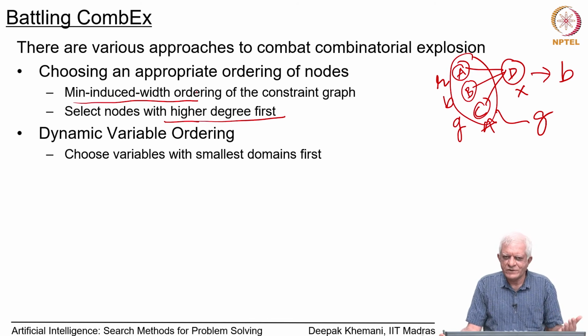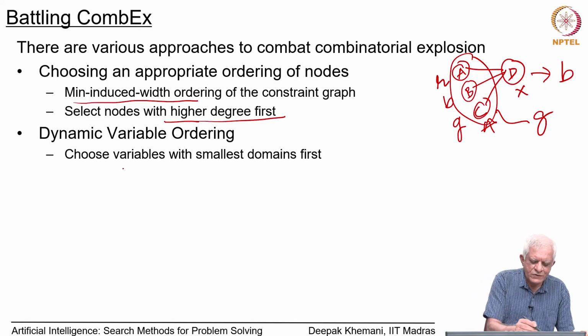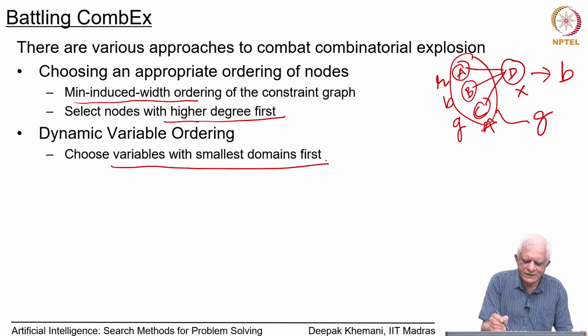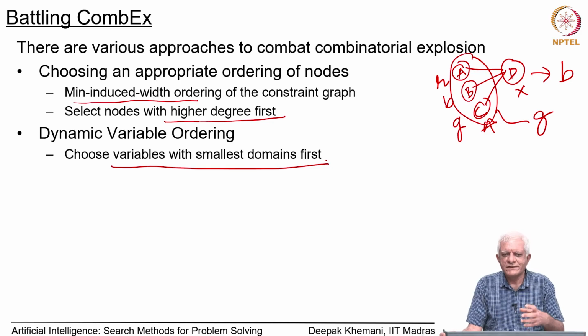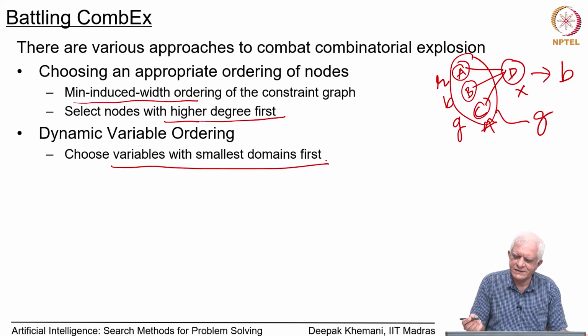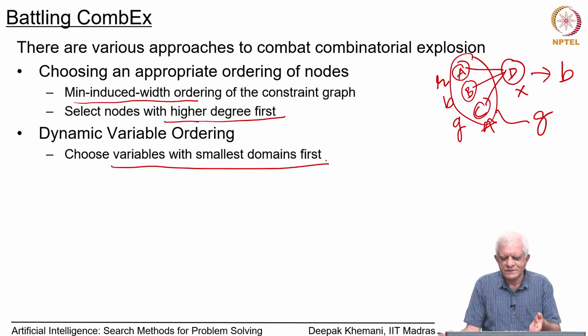So, this other heuristic is that you choose variables with the smallest domains first, so that they are not constrained by other nodes which have larger options available, but they constrain the other nodes. They are already constrained because the number of values is small, and then of course, the other nodes will have more options, and so maybe hopefully you will find a solution without backtracking. So, that is called dynamic variable ordering.